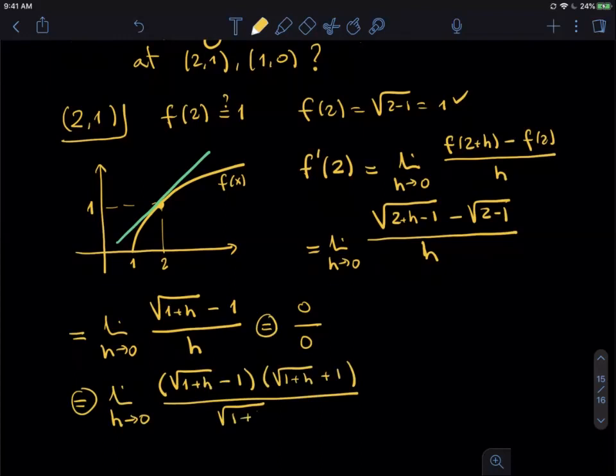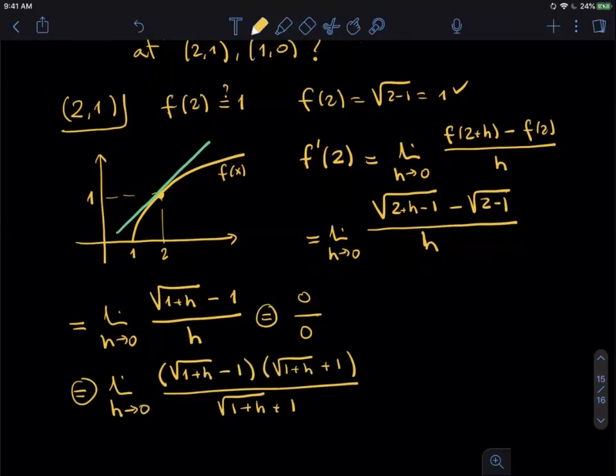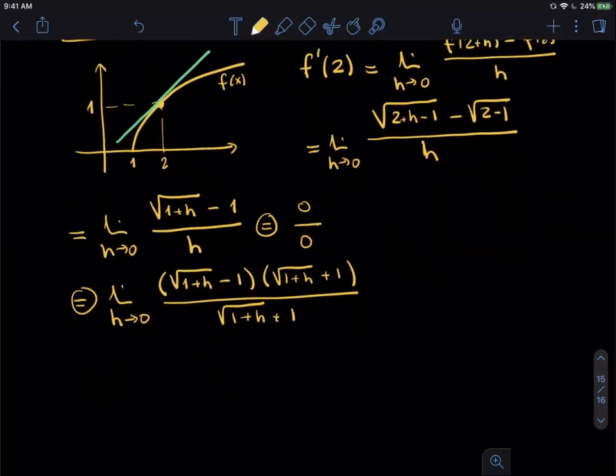And then because we multiply by that, we divide by that so that we didn't change the problem. Now this has the advantage that it's a sum times the difference. So this is 1 plus h minus, that's the square of the square root, minus the square of 1, which is 1. So those two go.